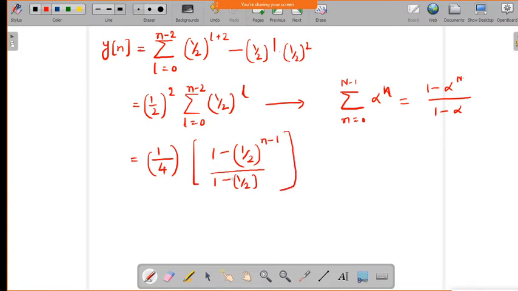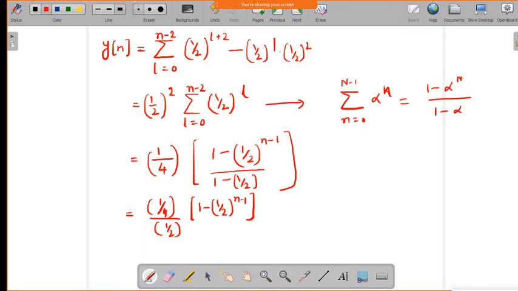So now what you will get? Here 1 minus half will give half and they cancel each other. So this value will be equal to 1 by 4 divided by 1 by 2 into 1 minus half power n minus 1.